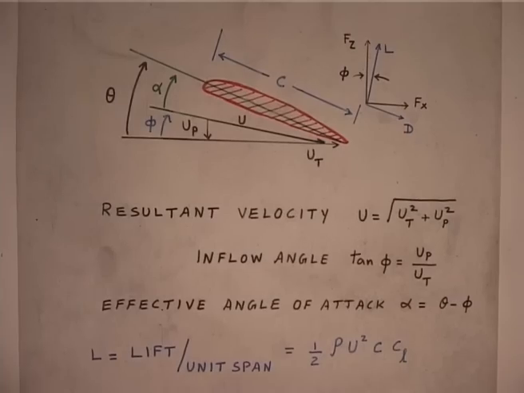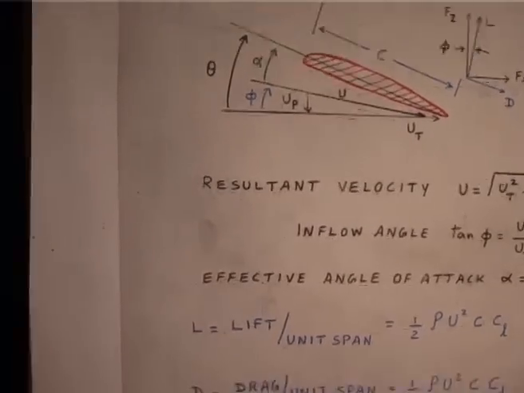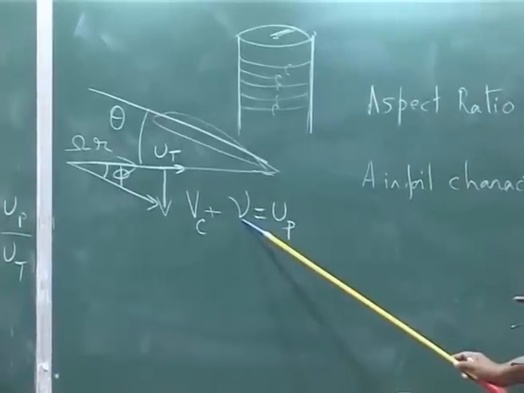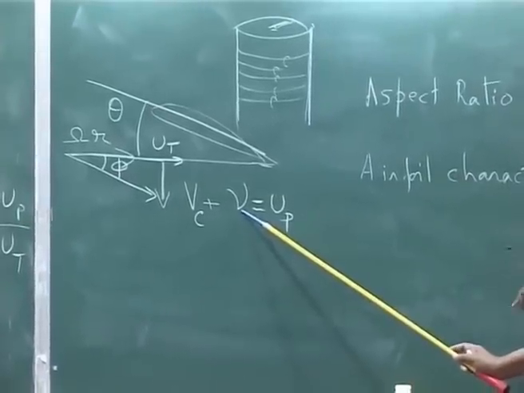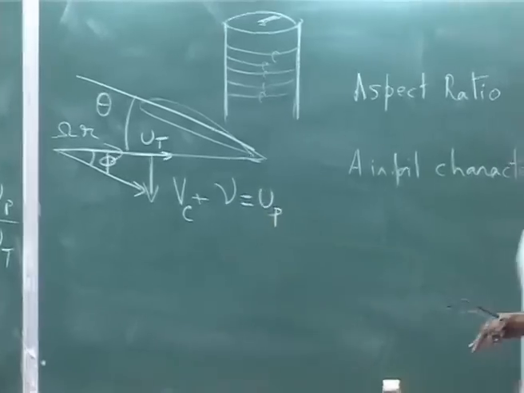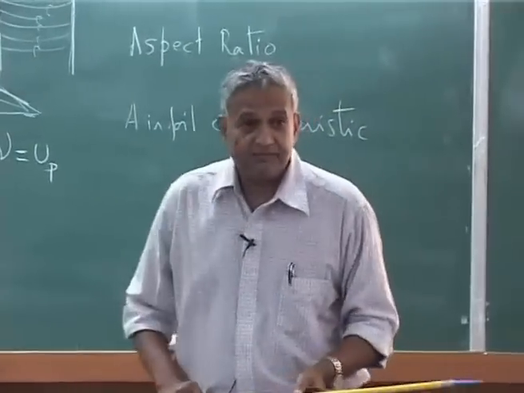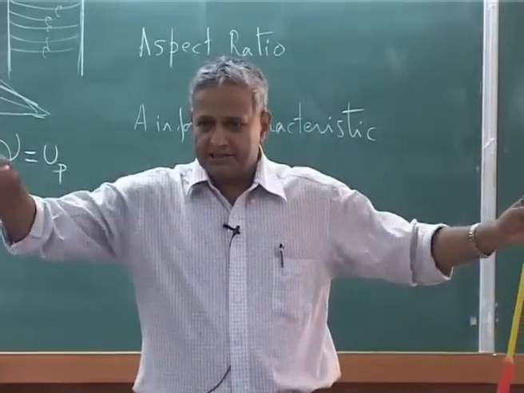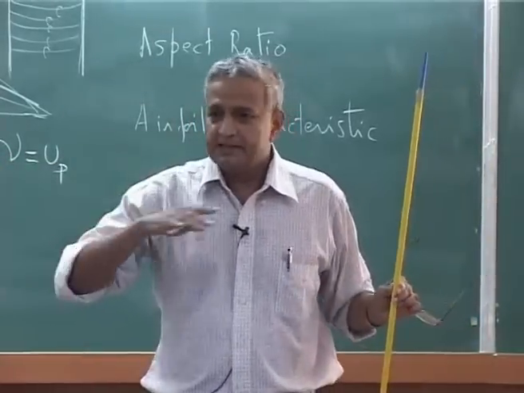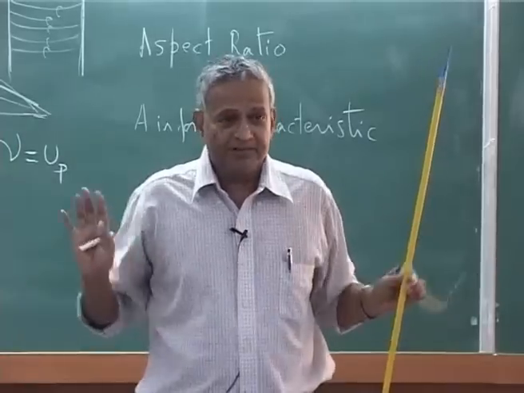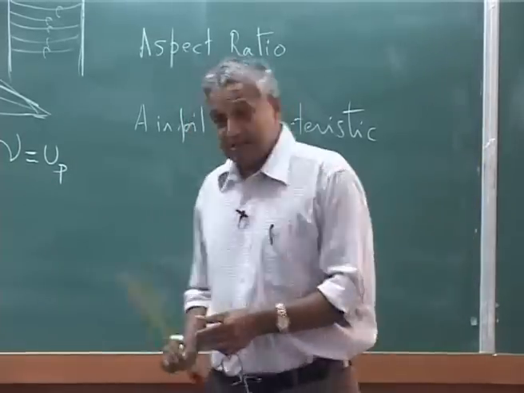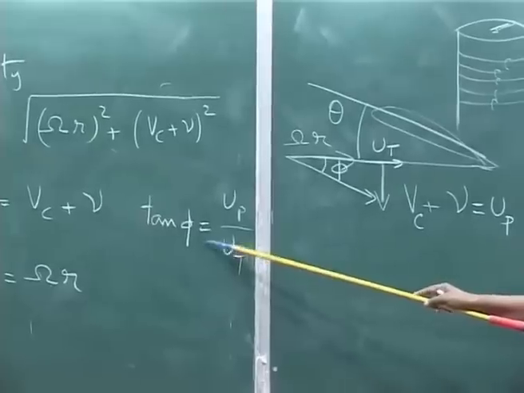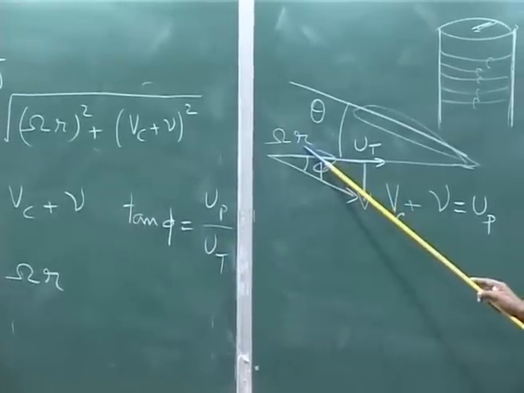I may assume now this induced velocity nu to be constant over the rotor disc, that is, it is not a function of r, it is a constant. It is a hovering theory, hovering or climb, it is not a function of radius, it is a constant. Then you see the phi changes because of omega r.